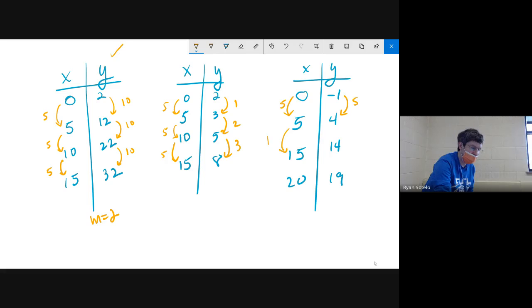But notice this goes 10, 10, and then 5, 5. Is that a line? That is a line, because if I took 5 over 5, I get 1. 10 over 10, I get 1. 5 over 5, I get 1. Constant slope. So these two were lines. This one was not, because it didn't have a constant slope.